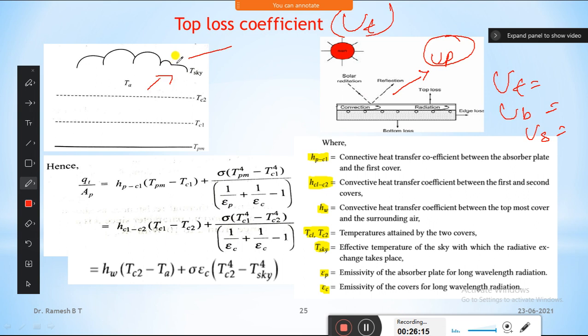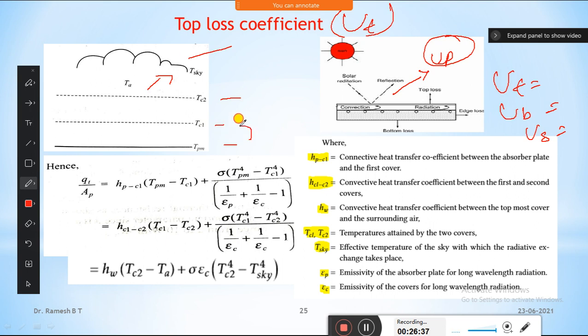Okay, and here in steady state, the heat is transferred by convection and radiation between some stages. The first stage is the absorber plate and the first cover. If you use cover 1, cover 2 and the absorber plate, there are so many covers. The first thing is the absorber plate and the first cover.